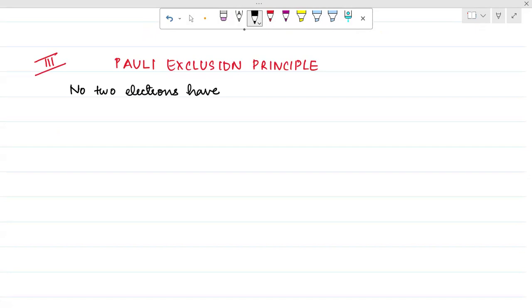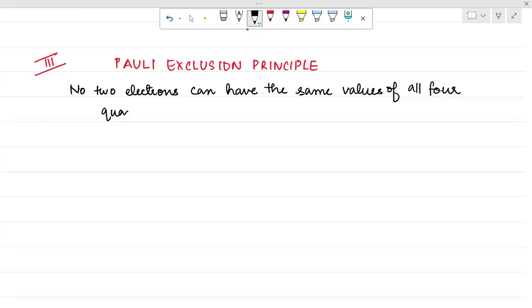No 2 electrons can have the same values of all 4 quantum numbers. Very easy. I'll take 2 representative examples and then I'll explain.